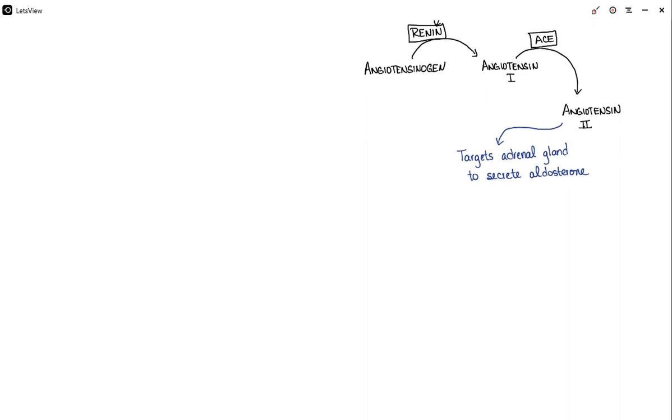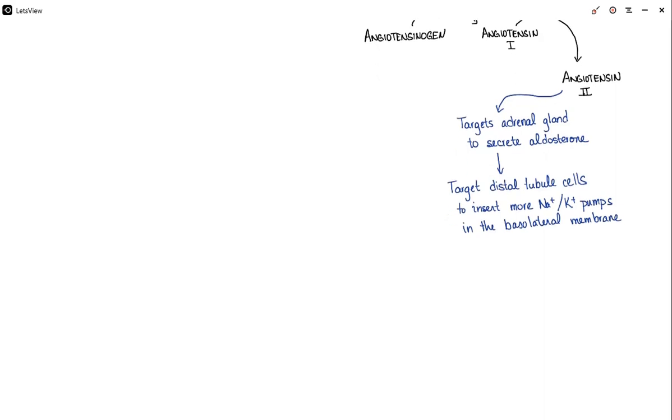So we know that aldosterone is a hormone that is going to target distal tubule cells and cause those cells to insert more sodium-potassium pumps into the basolateral membrane. And we know that is going to increase the amount of sodium that is reabsorbed.